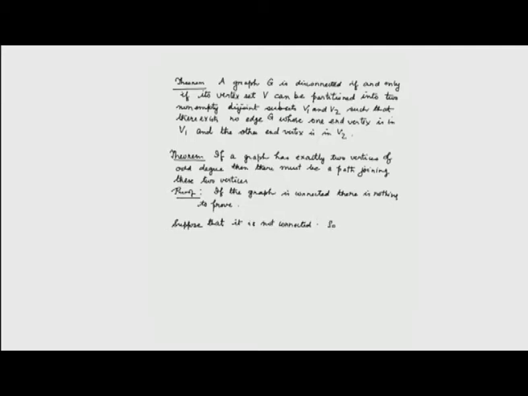So, V, the set of vertices, is equal to V1 union V2, where V1 intersection V2 is empty and V is the set of vertices.